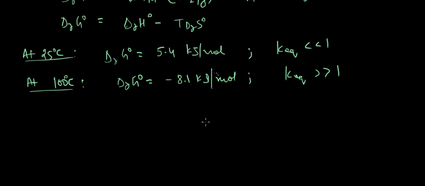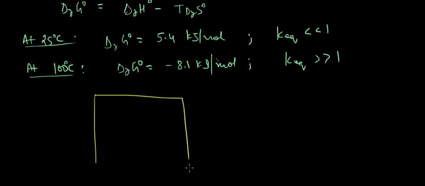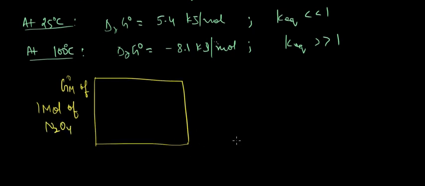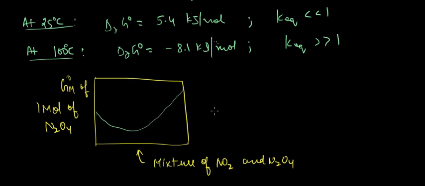Okay, so if we see the trend of Gm naught of 1 mole of N2O4 and a mixture of NO2 and N2O4, we can write that the Gm naught of 1 mole of N2O4 actually falls up to a certain limit, and then it rises here, which marks the Gm naught of 2 moles of NO2.